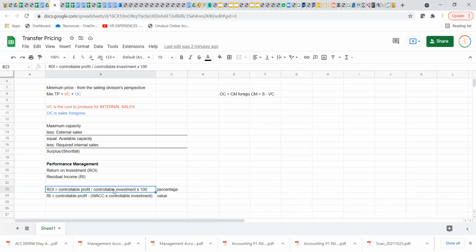If he or she has a say in it, an impact and influence on the number, or makes the decision regarding the number, then you must include it in the calculation. But if they have no control over the number, they can't make a decision regarding it, then it is not controllable, and therefore you don't include it.